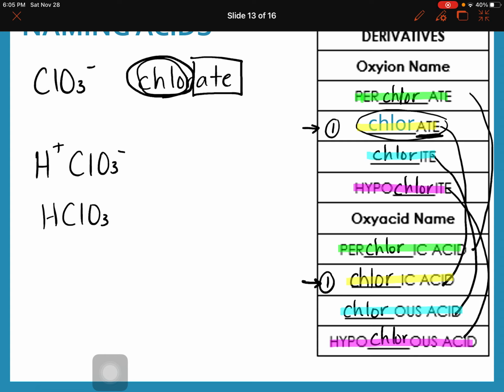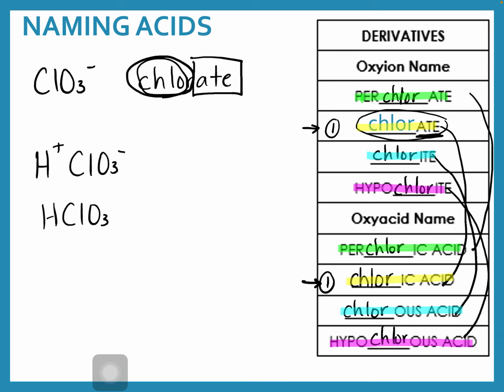So a chlorate becomes chloric acid when that chlorate pairs with hydrogen. So we're going to go through each of these now. How do I figure out what a perchlorate is, what a chlorite is, and what a hypochlorite is? For the acids, it's just each of those ions paired with a hydrogen.